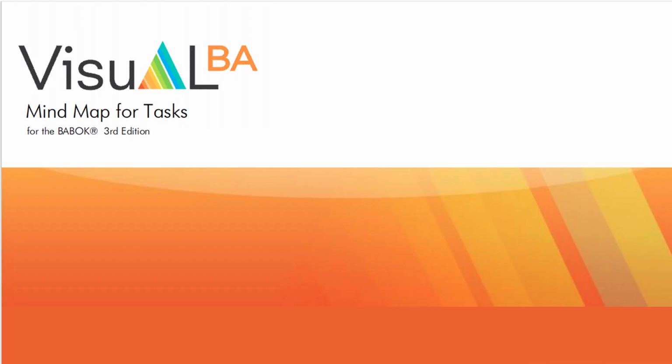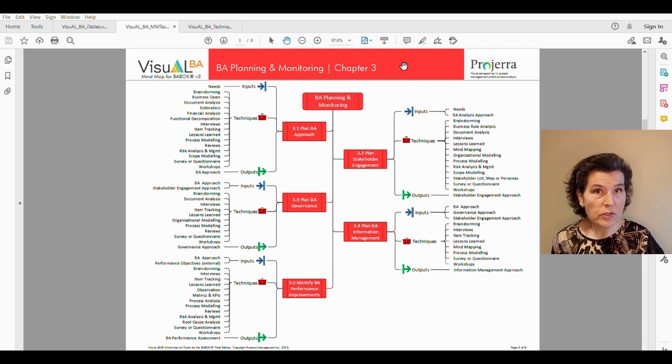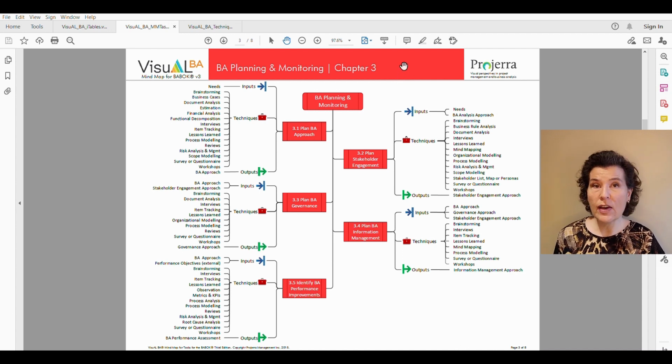Now let's turn our attention to the Visual BA mind map. As with the interactive tables, each page contains the description of one knowledge area. This is Chapter 3, Business Analysis, Planning, and Monitoring. The title of the page identifies the knowledge area and the chapter of the BABOK where additional details may be found.